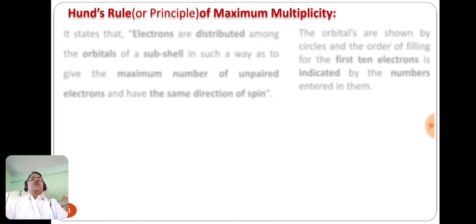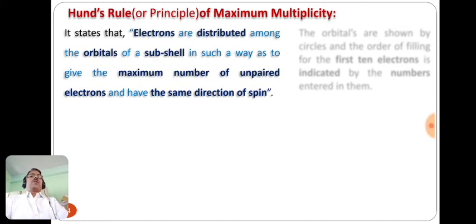Now let us see Hund's rule, or Hund's principle of maximum multiplicity. This is the next point in this chapter. This rule states that electrons are distributed among the orbitals of a subshell in such a way as to give the maximum number of unpaired electrons with the same direction of spin.